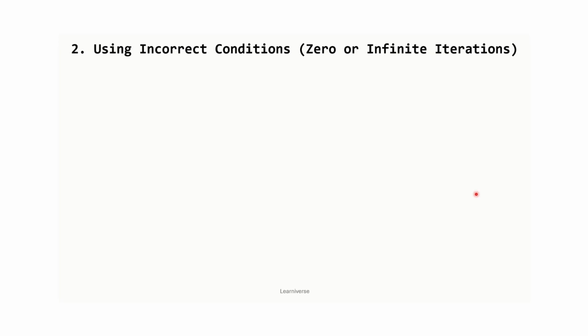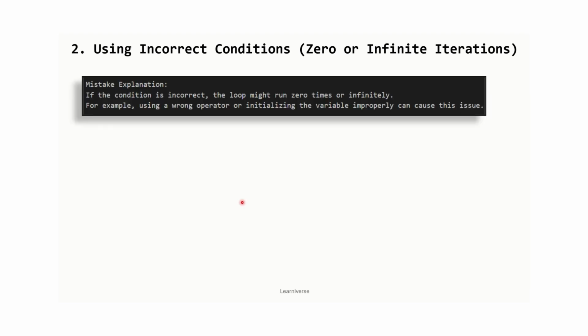Now the second one is using incorrect conditions. It can result in 0 or infinite iterations. If the condition is incorrect, the loop might run 0 times or infinitely. For example, using a wrong operator or initializing the variable improperly can result in this issue.